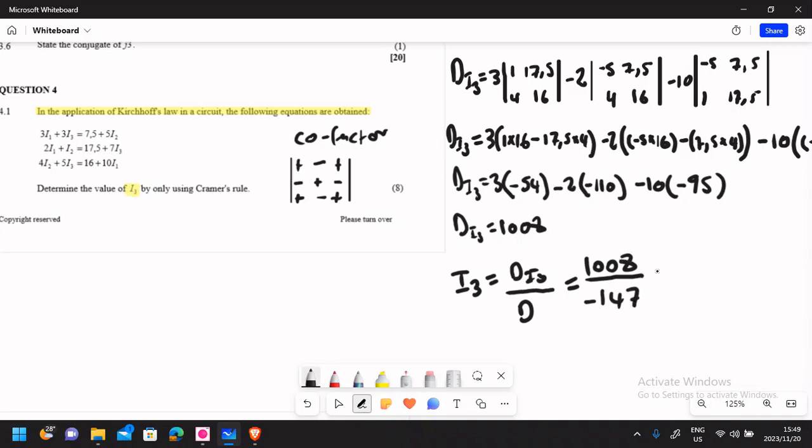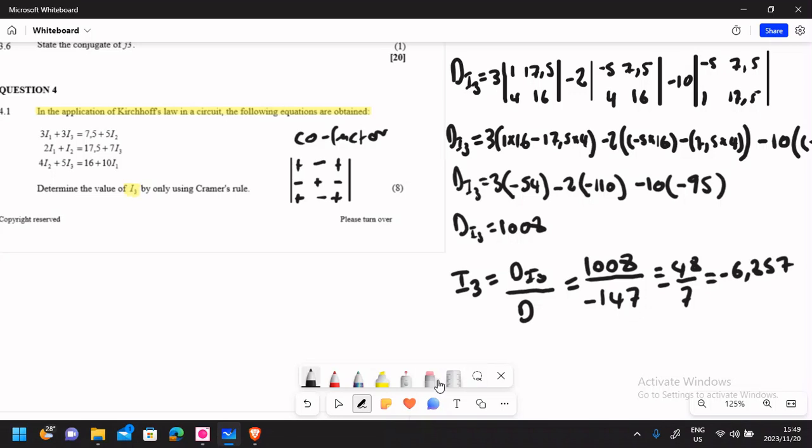Then our final answer is going to be negative 48 over 7, or if you decide to write it as a decimal, it's going to be negative 6.857. So this is your I3, guys.